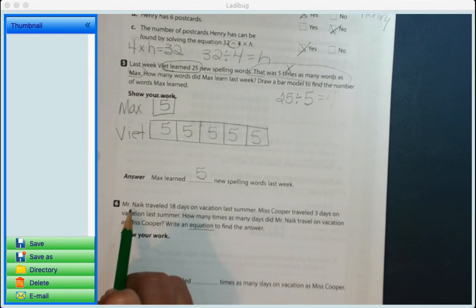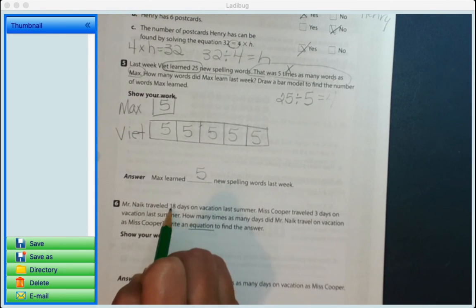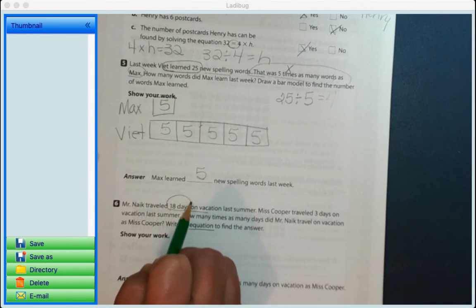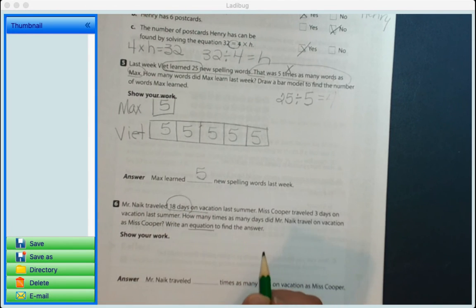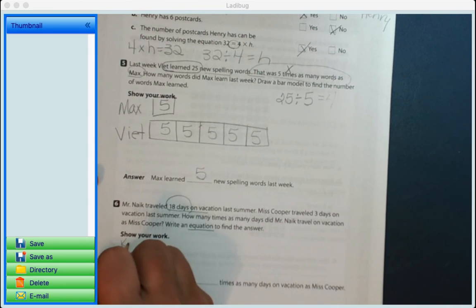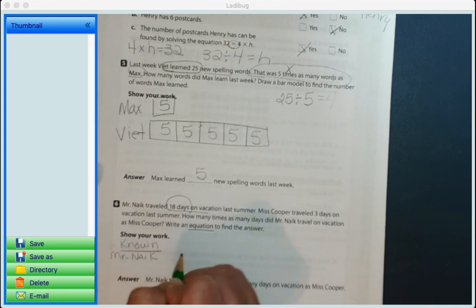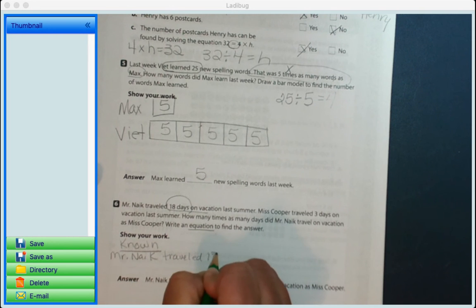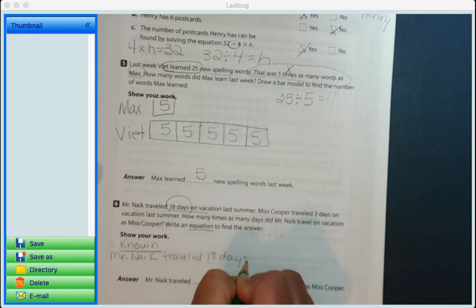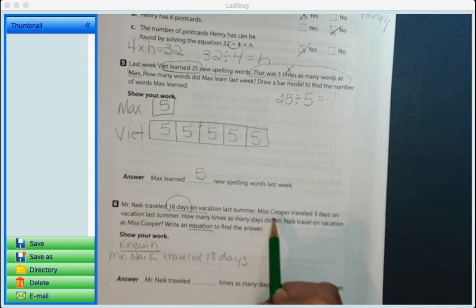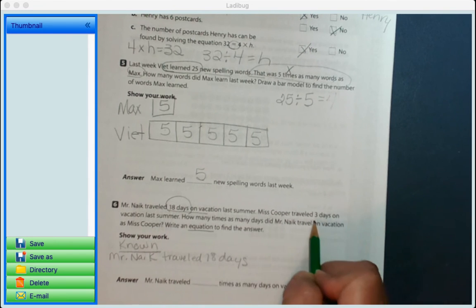So Mr. Nyack traveled 18 days on vacation last year. So that's the total number of days. So this is our known.